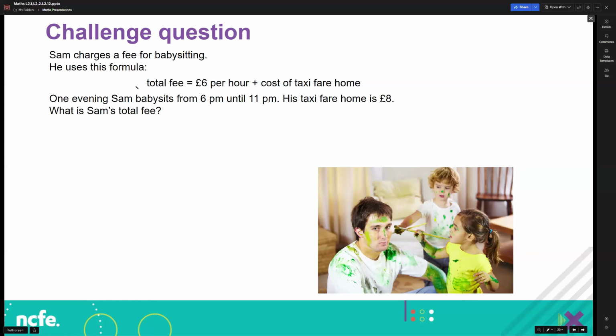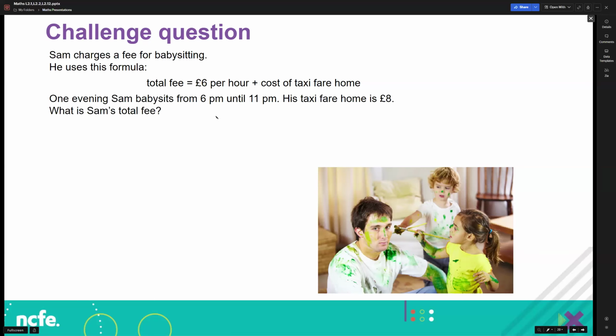So Sam charges a fee for babysitting. He uses this formula. Total fee equals £6 per hour plus cost of taxi fare home. One evening, Sam babysits from 6 p.m. until 11 p.m. His taxi fare home is £8. What is Sam's total fee? So £6 per hour. He's worked 5 hours.